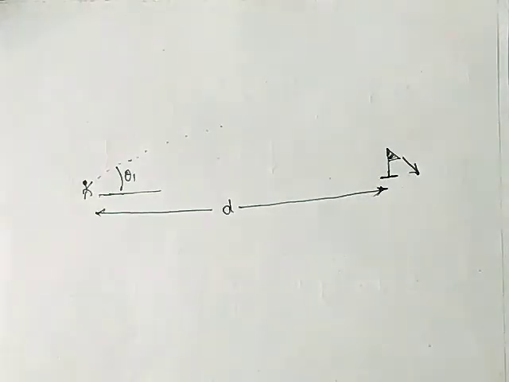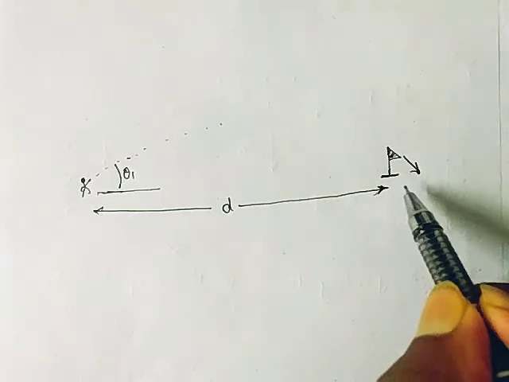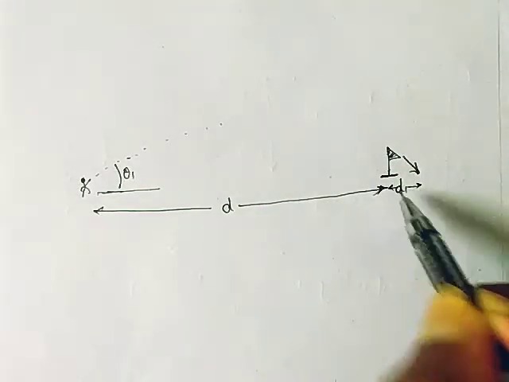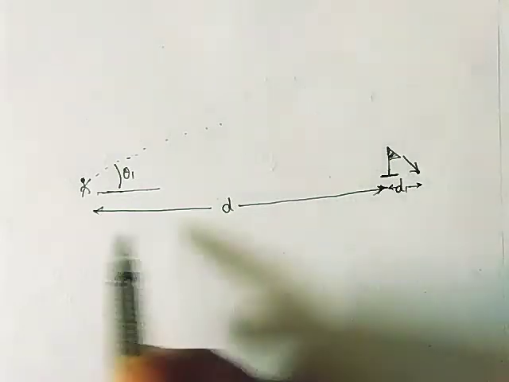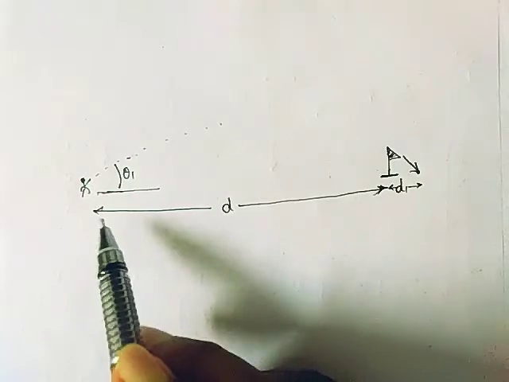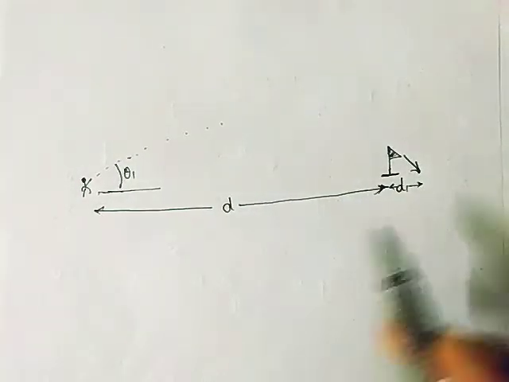Okay, and due to this he missed the target by a distance d1. So at that time, if he throws at an angle theta 1, the distance covered by this javelin at this point of time is d1.